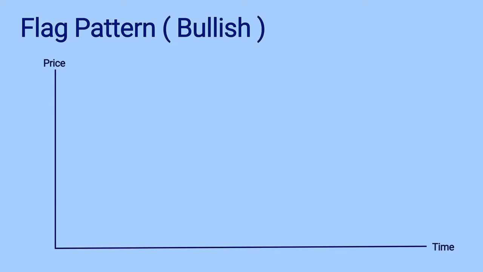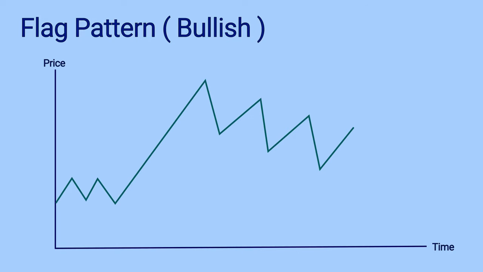For a flag pattern, let us discuss the bullish flag first. First there has to be an up move. Then the price forms a parallelogram in the downward direction. So there is an up move, and then this kind of parallelogram is formed, and the price stays within the range.